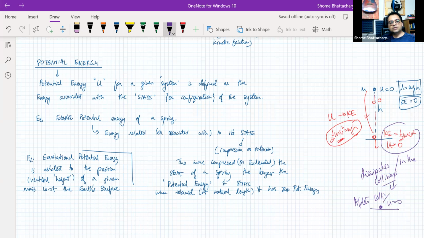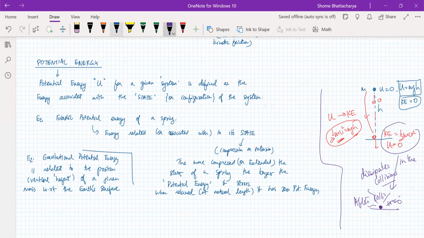Like there would be sound energy, there would be some heating. There might be some crack on the floor also, or some damage to the shape and size of the object. That means intermolecular bonds have been rearranged because the shape of the material has changed. So kinetic energy has been converted to those other forms of energy. Is it clear now? Yes, sir. Okay.